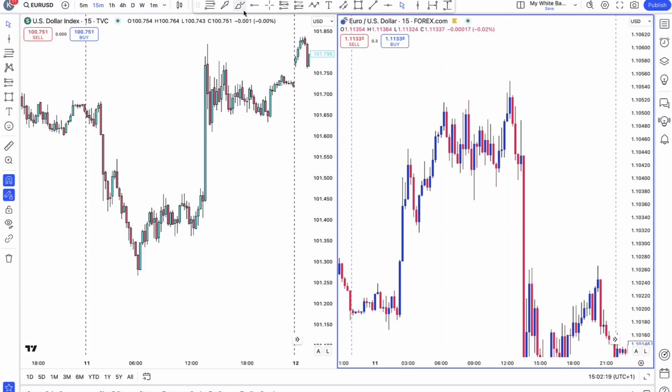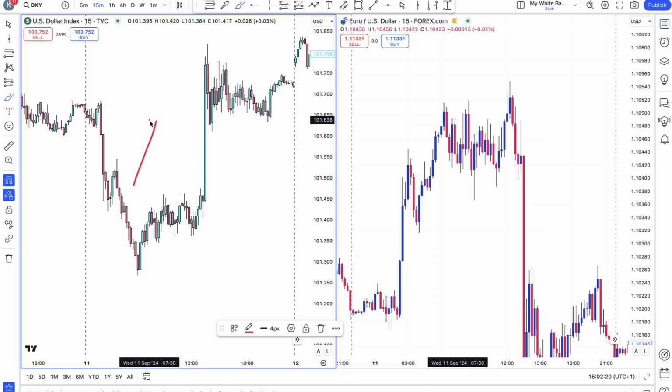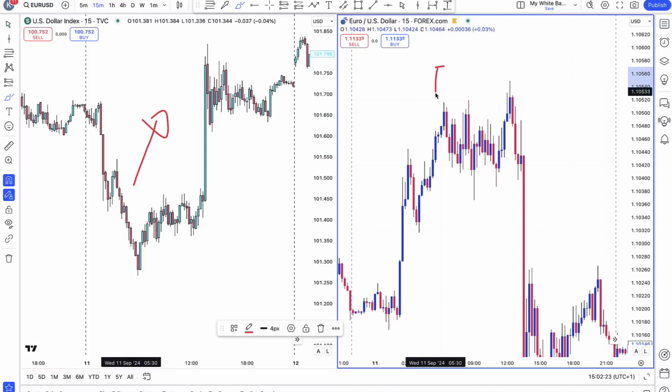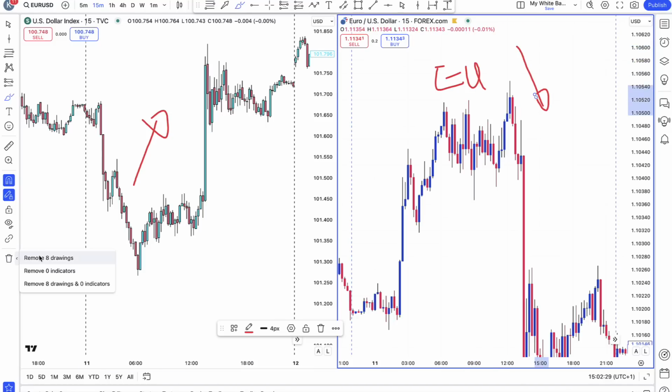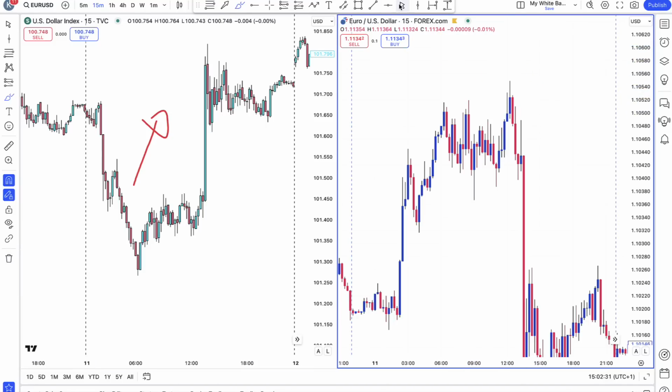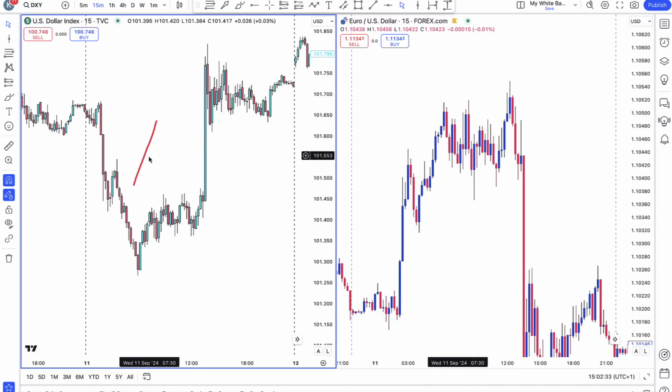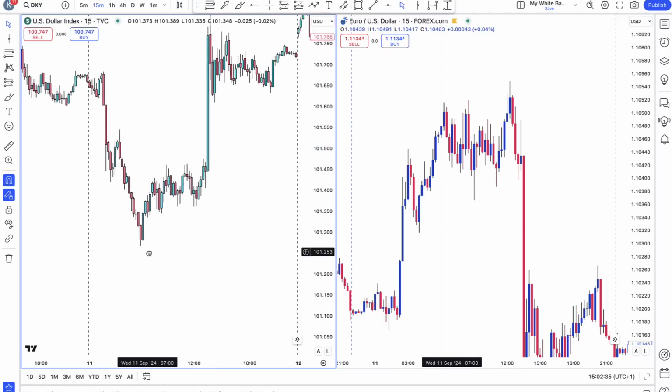So if the dollar is going bullish, it means Euro USD is supposed to be bearish. All right, so the correlation is supposed to be negative for each of them. So if that was the case, let's see what happened this particular day.